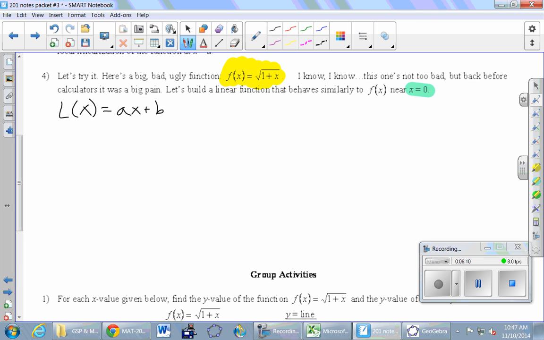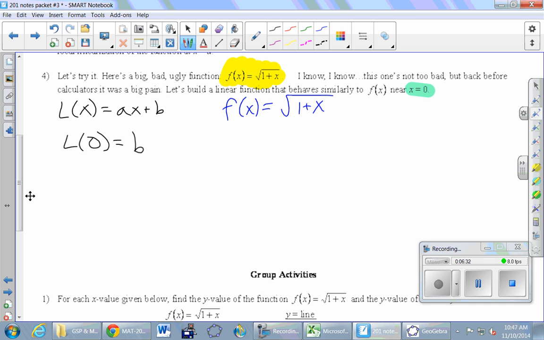We're going to plug 0 into the f of x. So f of x is this guy, and we're going to plug 0 into both functions. So how much is L of 0? It's b, right? x is 0. So L of 0 is b.